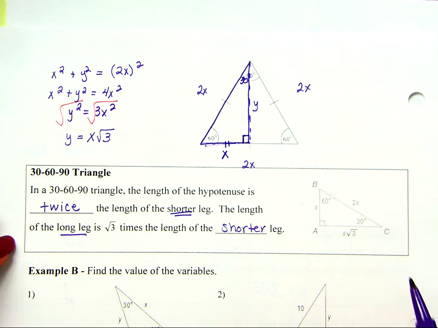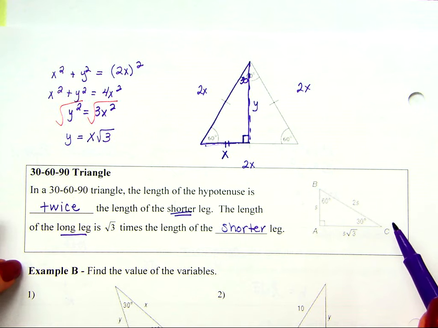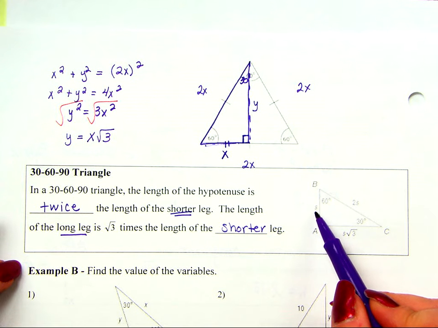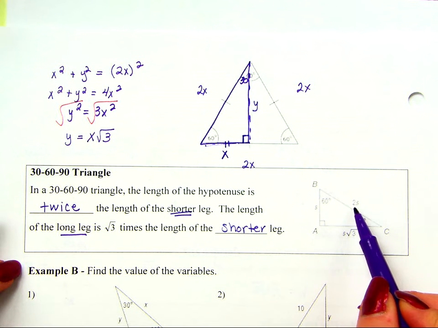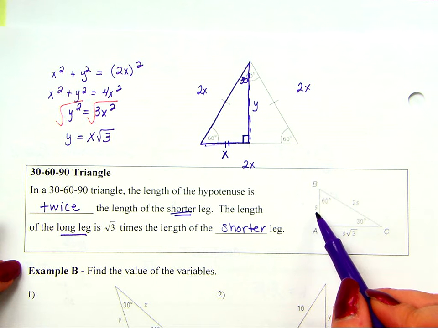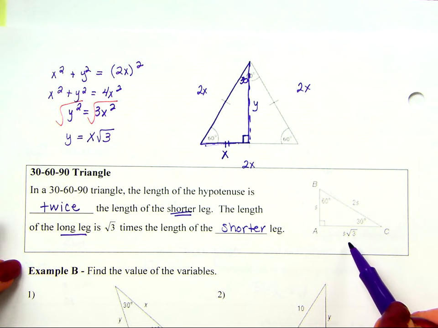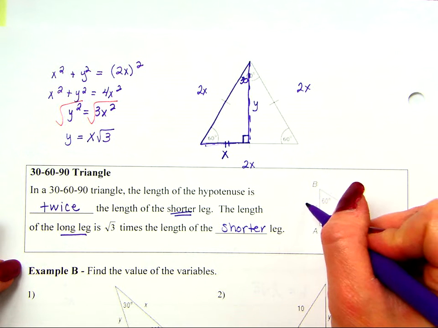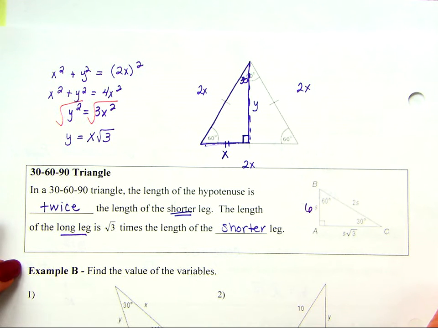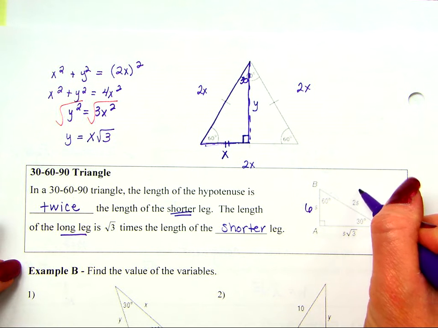So as I look at my picture over here, my shorter leg is s, my hypotenuse is 2s. My shorter leg here is s, my longer leg would be s times root 3. What would that look like with numbers? Well, if I said my shorter leg was 6, my hypotenuse would have to be 12.